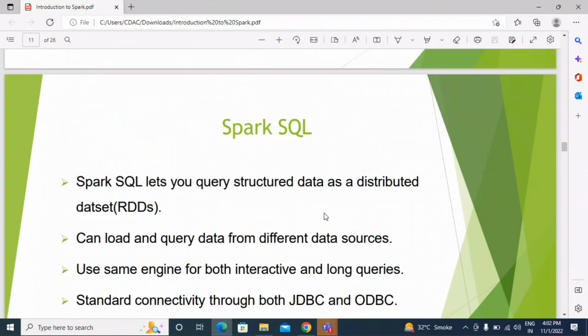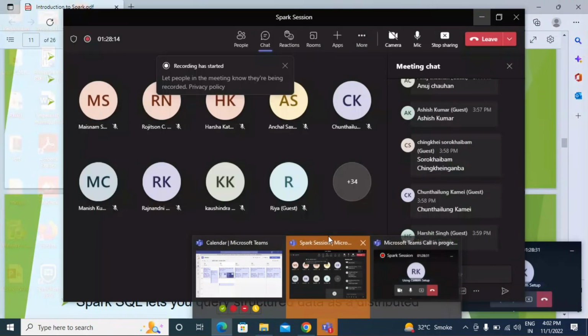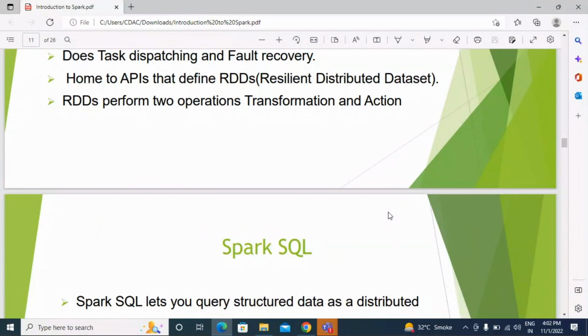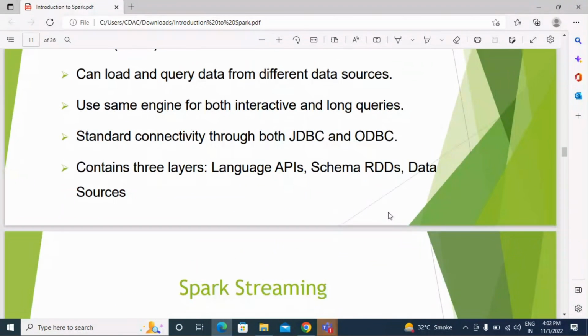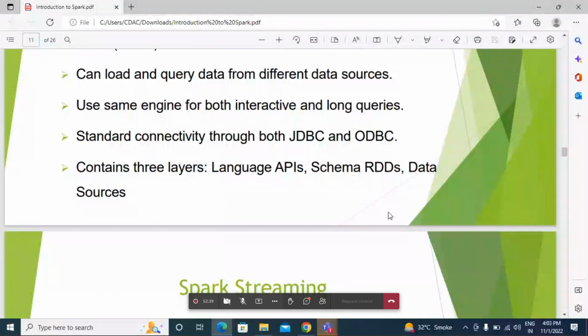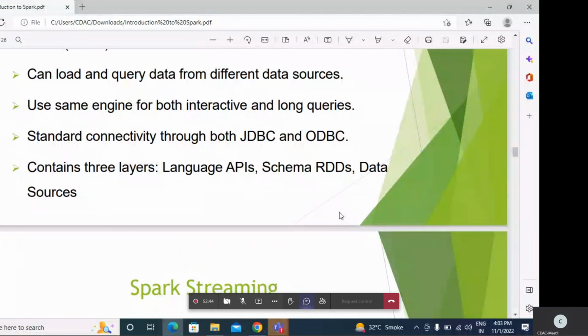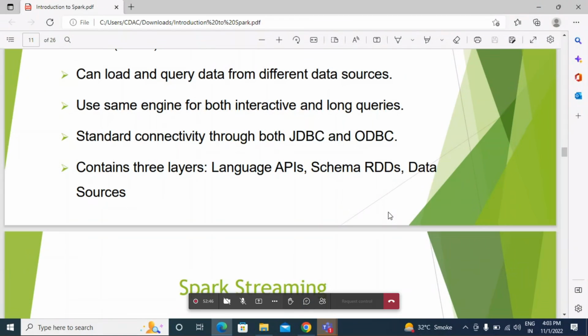What is JDBC and ODBC? See, JDBC or ODBC, your, what you can say, Object database connector or something, and Java database connector or something.